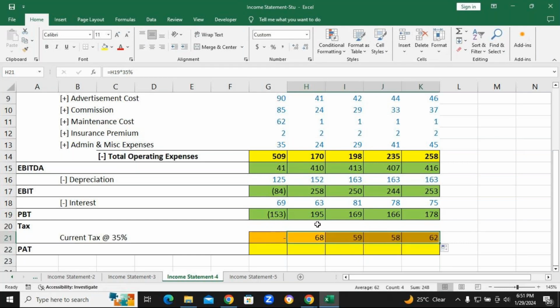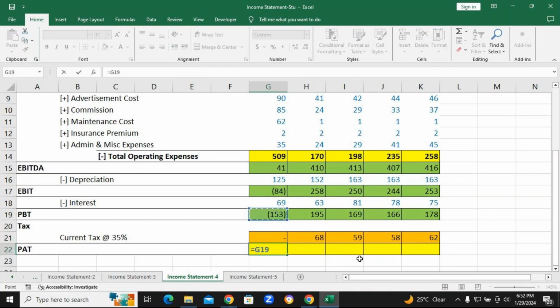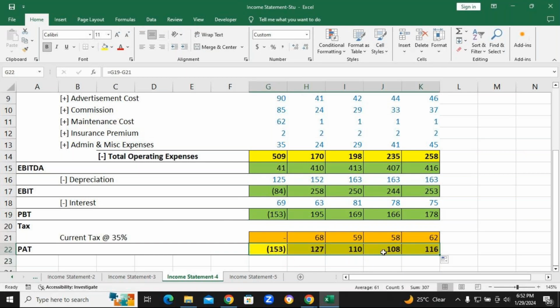The tax will be calculated on your PBT at 35%. Now I'll type equals G19, that is my PBT, minus the tax. The first year is going to remain a loss. I'll drag it towards my right. So my calculation is done. Clear, ma'am? Okay. Thank you, ma'am.